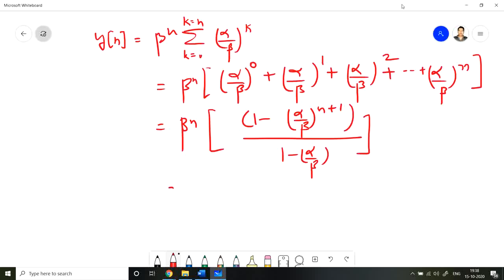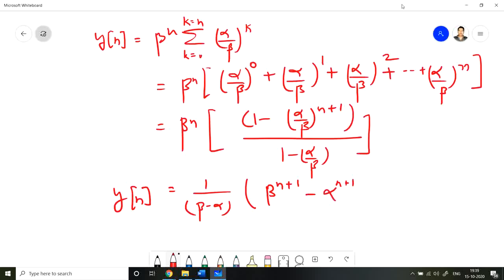Finally we can write it as 1 divided by beta minus alpha, times beta raised to the power n plus 1 minus alpha raised to the power n plus 1, into u[n]. Please check, it is very simple to manipulate this. Why u[n]? Because we are considering it for n greater than or equal to 0.